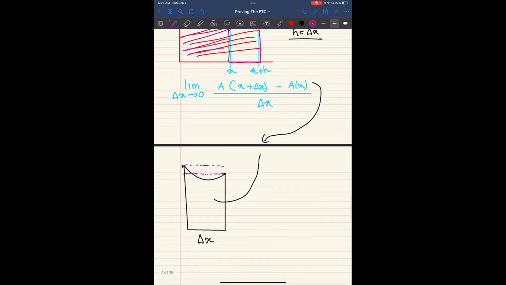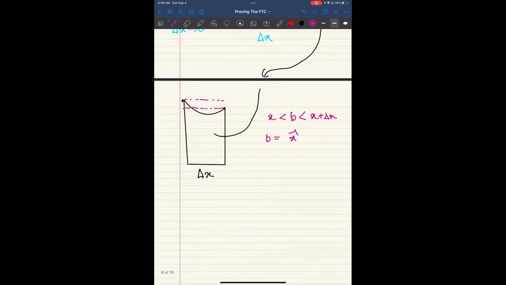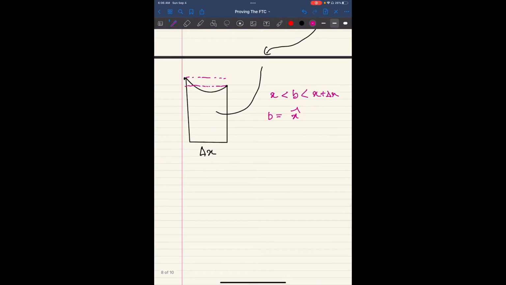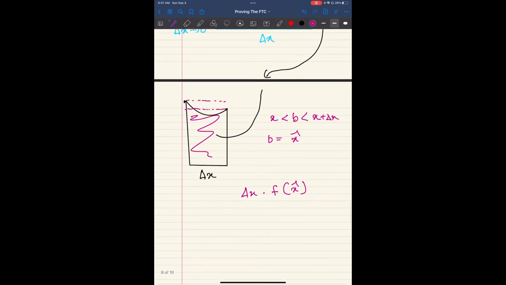So we need a point b, my bad, b is going to be between x and x plus delta x. Let's call this point x hat for convenience. So the area of this over here is delta x multiplied by f of x hat.